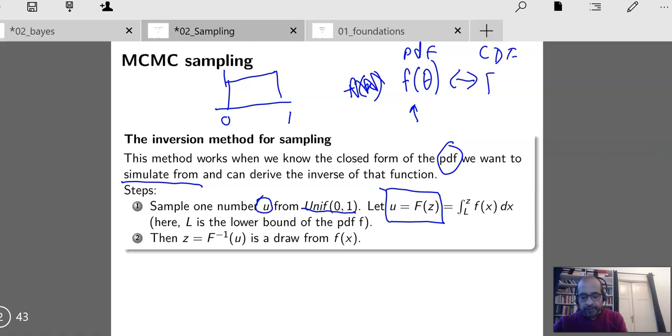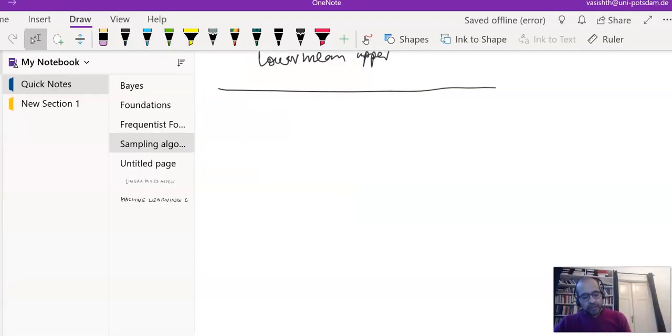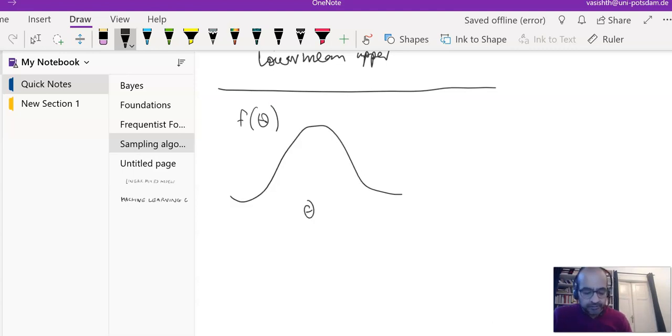So the CDF is written something like this, for example. If you have a PDF f of theta, let's say, that looks like this, this is my theta, and this is the PDF associated with theta.